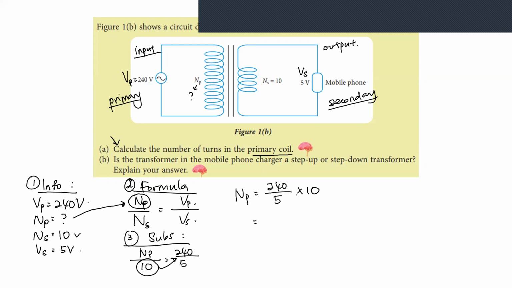Then what should we do? Press the calculator. Or if you want, you can simplify. 240 divided by 5 times 10, answer 480 volts. Okay, something wrong somewhere.